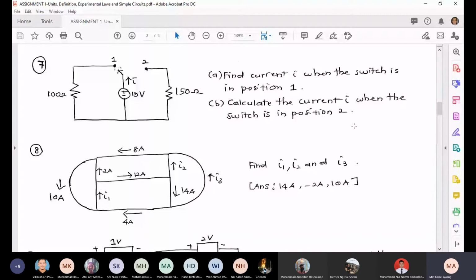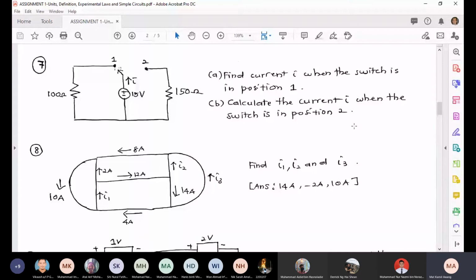First at position 1, you need to find the current I. That is part A. Part B, you switch the switch from position 1 to position 2, so the voltage source is connected to the 150 ohm resistor. So you have to find I for part A and part B.